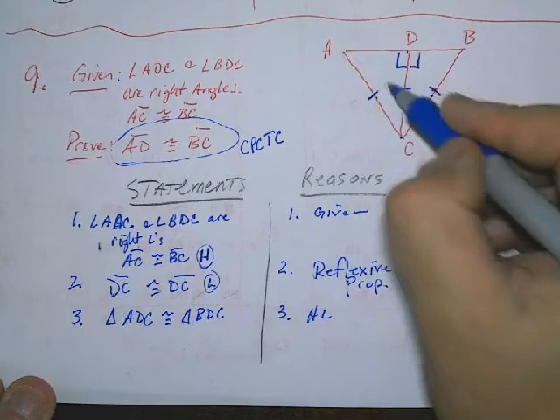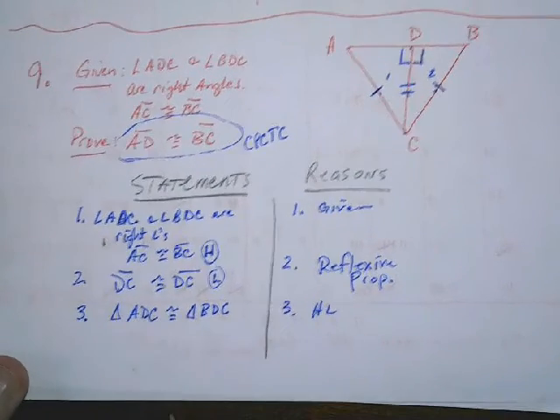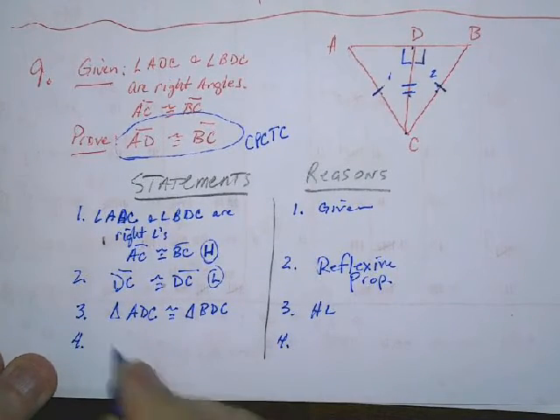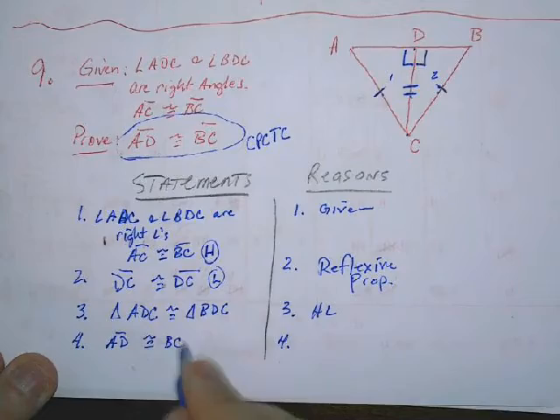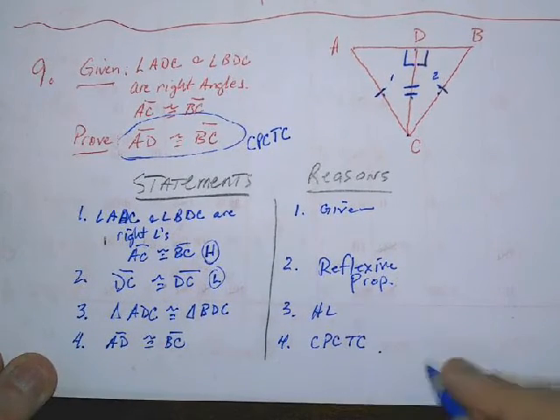So this triangle and this triangle. And then step 4, we say AD is congruent to BC because corresponding parts of congruent triangles are congruent.